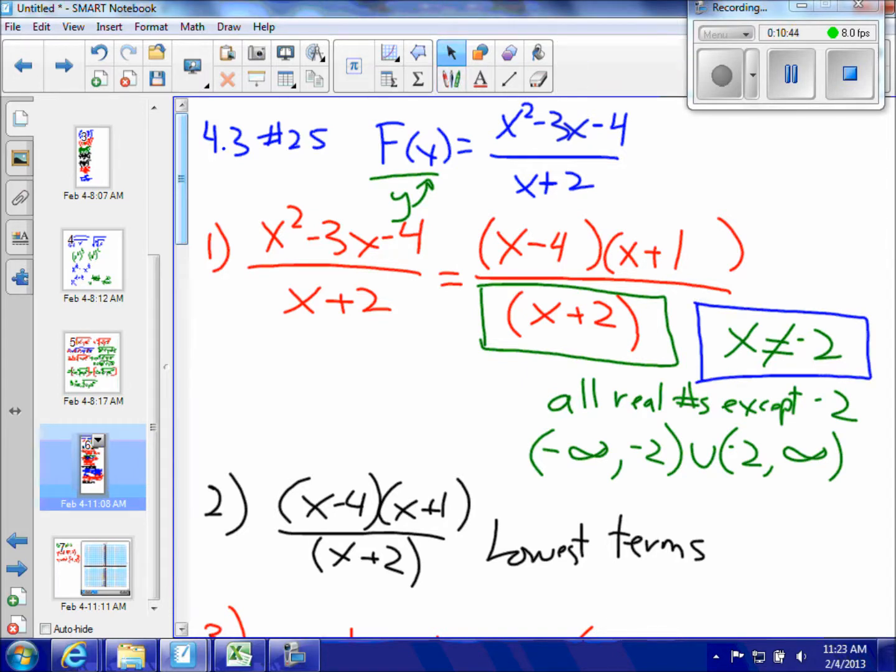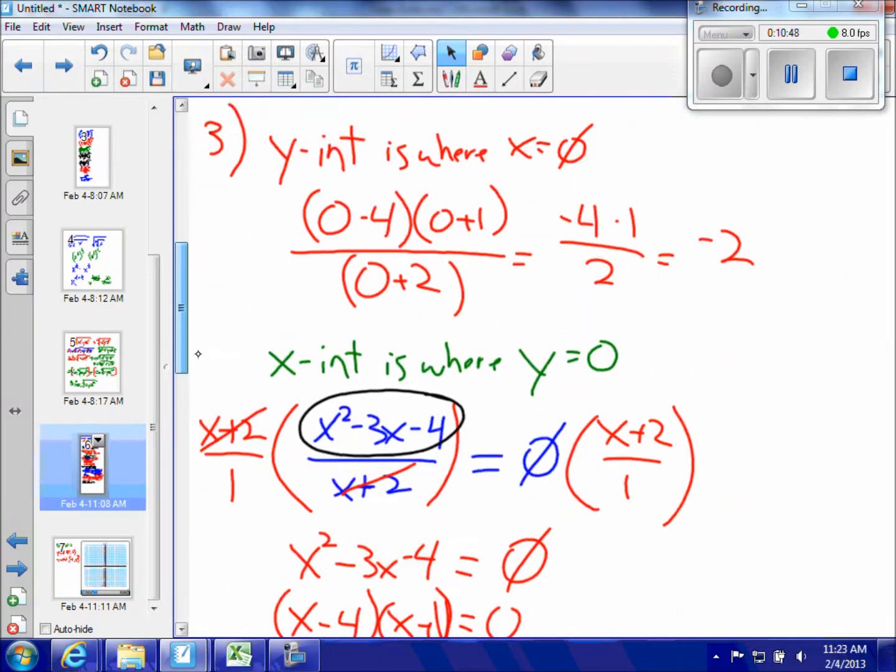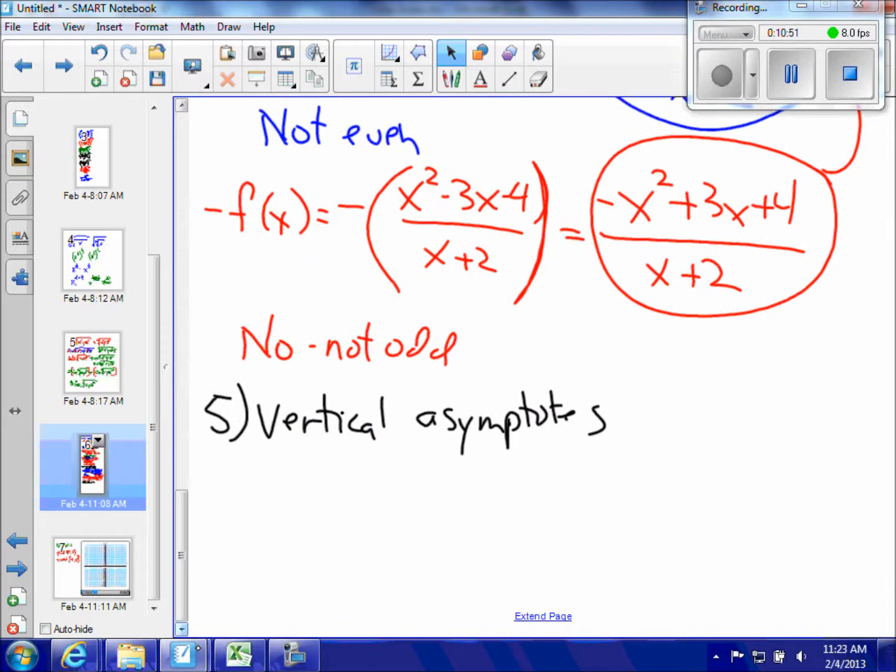Wherever I have a domain exclusion, I am either going to have a vertical asymptote or a hole. So I'm going to write that down here.